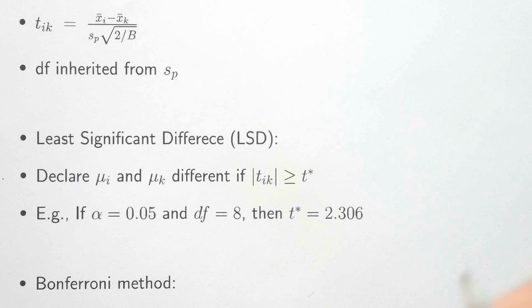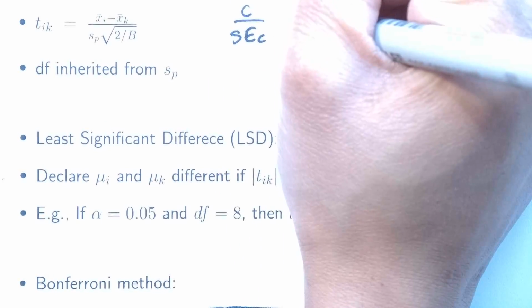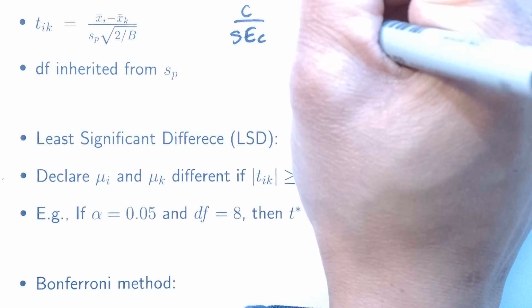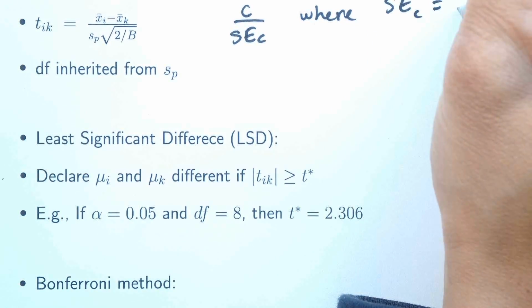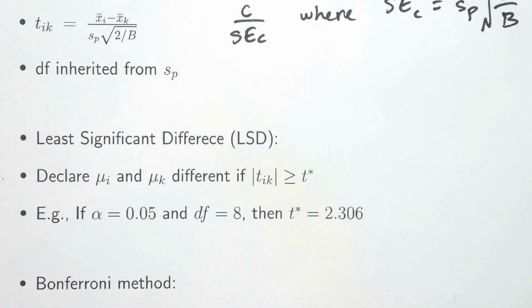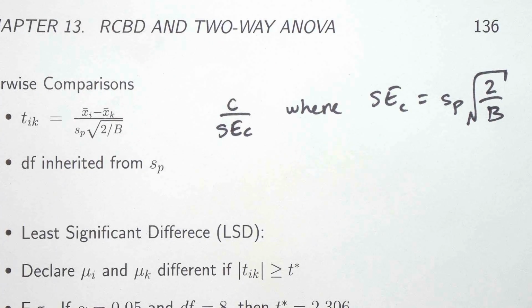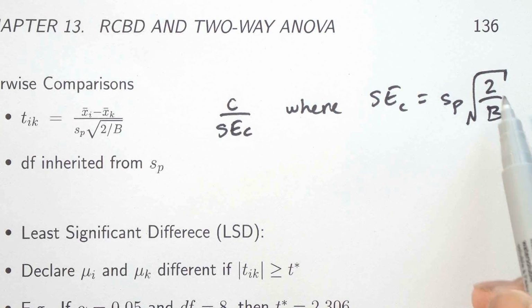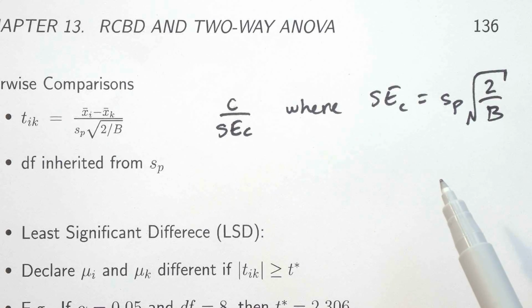And so this is taking the form of C over standard error of C, where standard error of C is always equal to S_P times the square root of 2 over B. Remember at the beginning of the lecture, we talked about how it didn't matter which two treatment means are being compared.